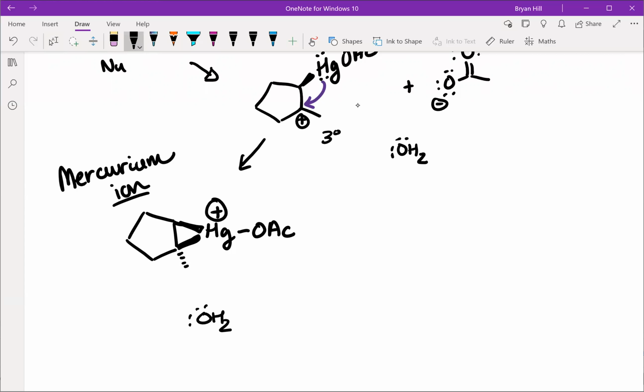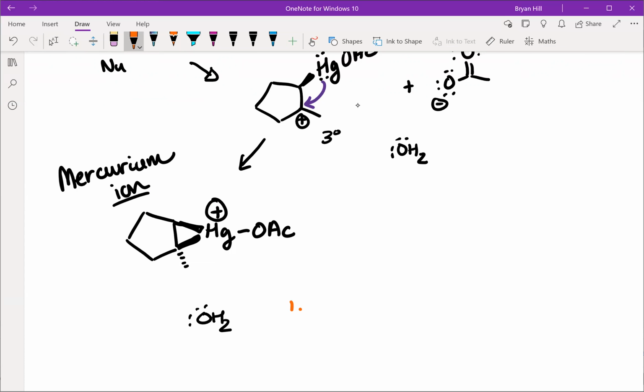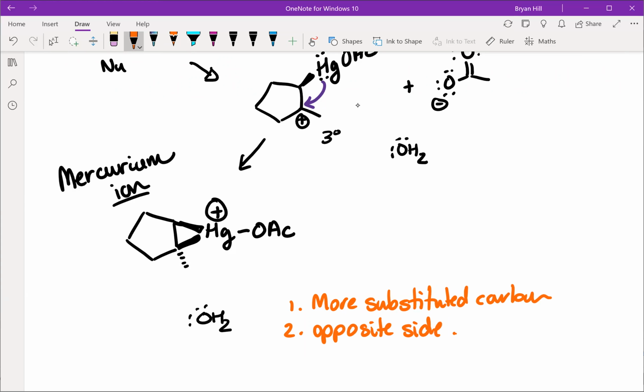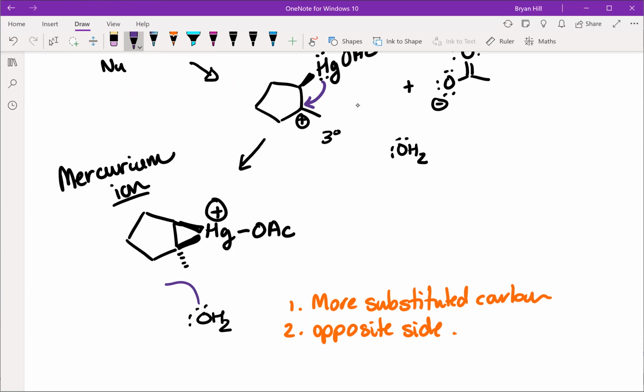It's going to attack on the more substituted carbon, and it's going to be on the opposite side. So we'll use the purple thing again. This will attack the more substituted carbon. So it's SN1-like and it's SN2-like.